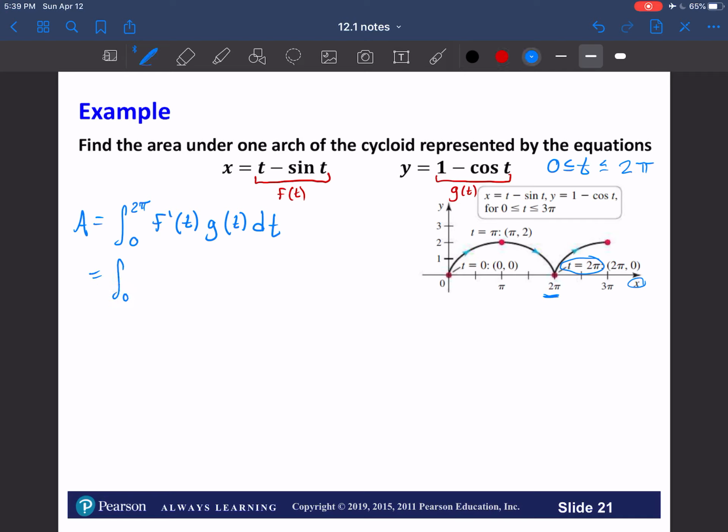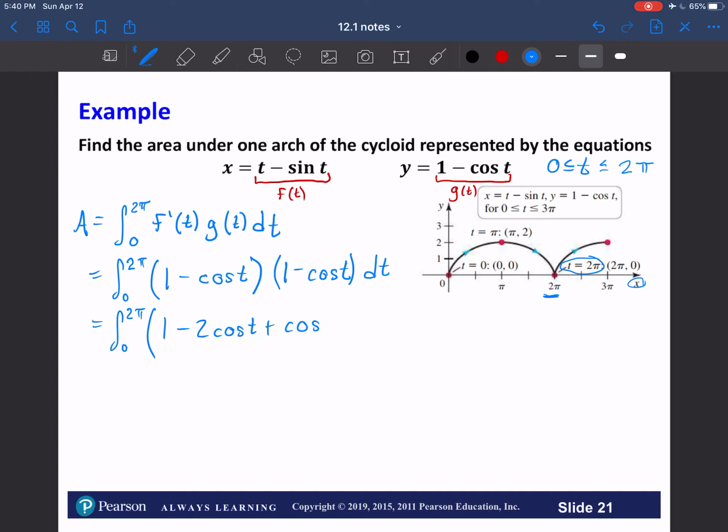So plugging this in, the derivative of f of t is just 1 minus cosine of t, and g of t is just 1 minus cosine of t. We're going to need to expand this in order to calculate it. So we get 1 minus 2 cosine t plus cosine squared of t.